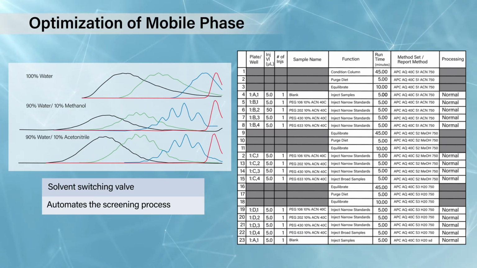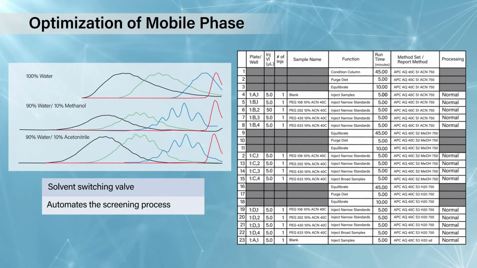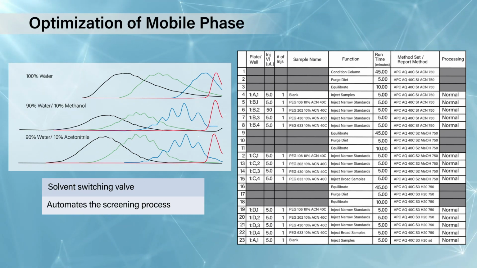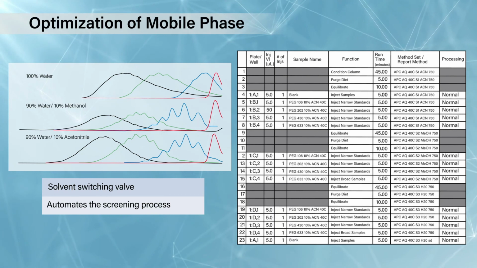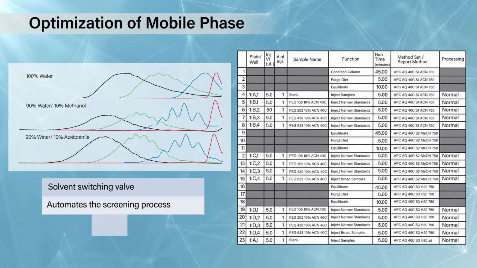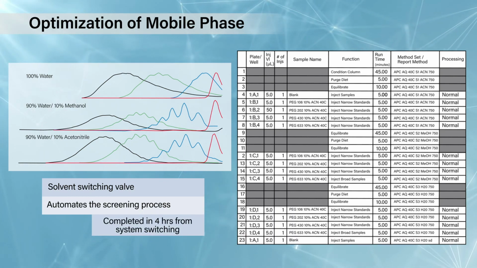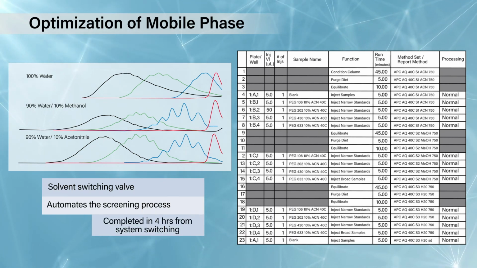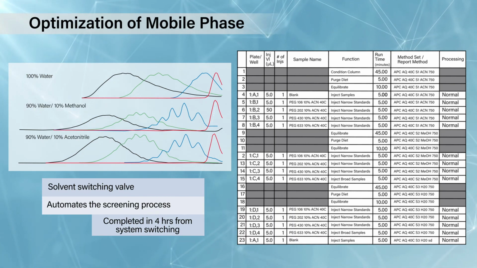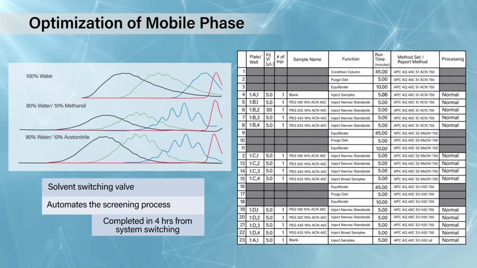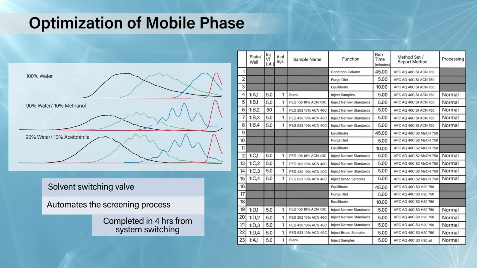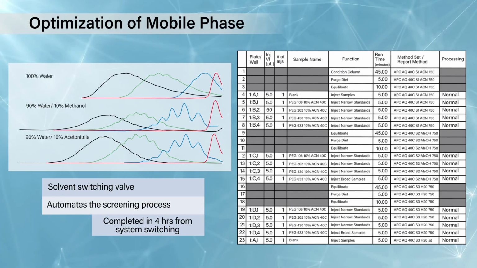So here we've used the solvent switching valve to change different levels, and we've gone from 100% water to adding different levels of methanol, so 10% methanol, or choosing something like acetonitrile. And this, including calibrations, has all been completed within 4 hours of the system being switched on. So it's a very rapid way to screen solvents, but also to optimize your solvents for your particular polymer system.